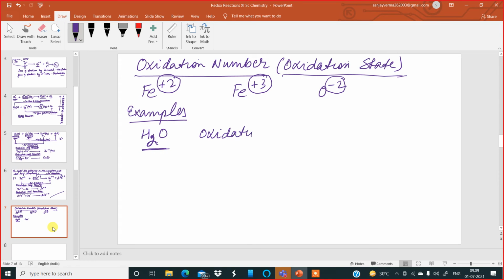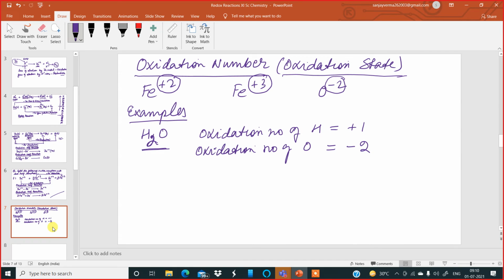the oxidation number of hydrogen is plus 1, and the oxidation number of oxygen is minus 2.